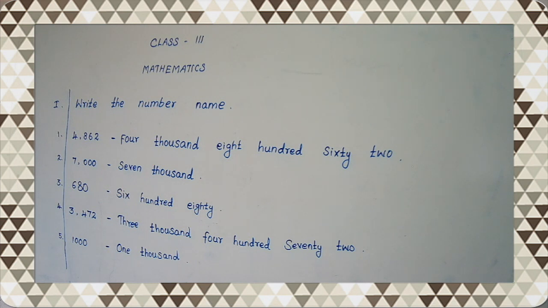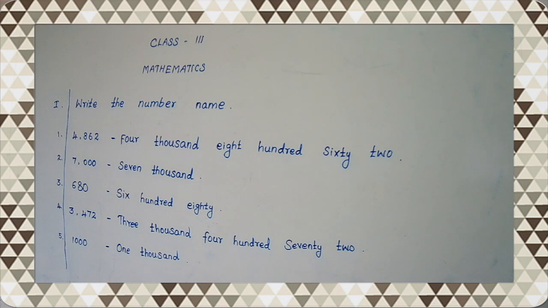T-H-O-U-S-A-N-D, thousand, 3000. Four, 4. Hundred, 100, 400. Seventy, 70. Two, 72. 3472.